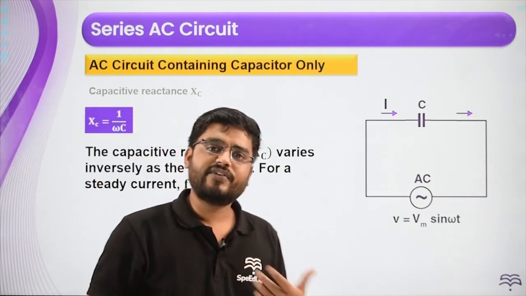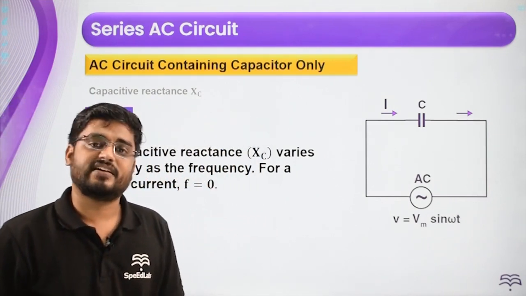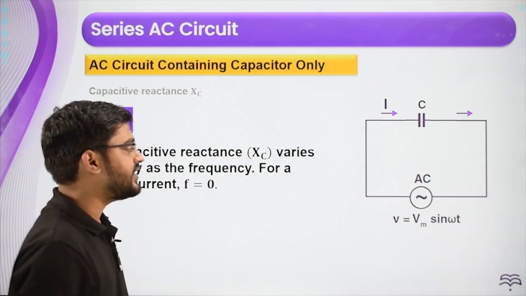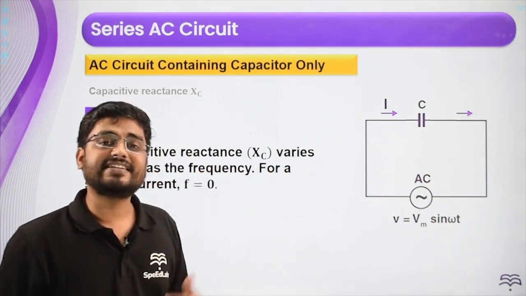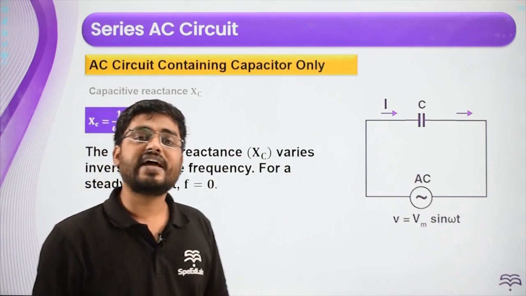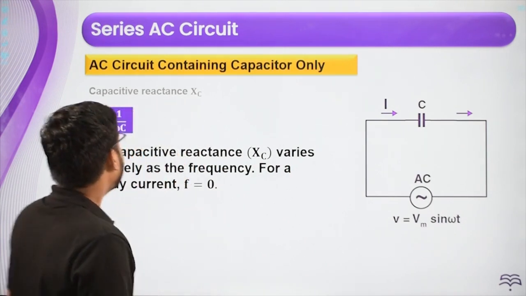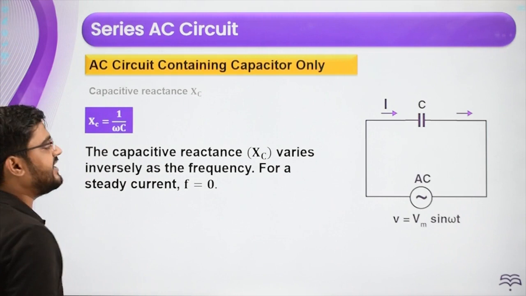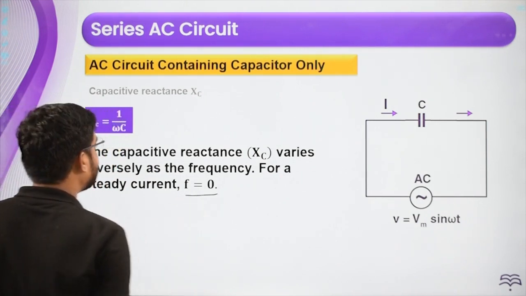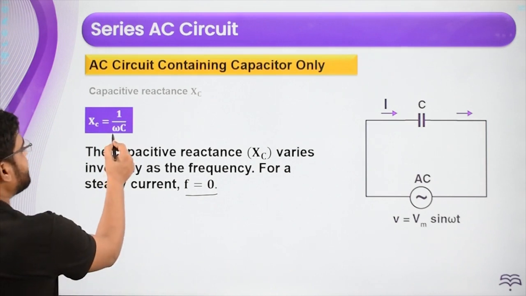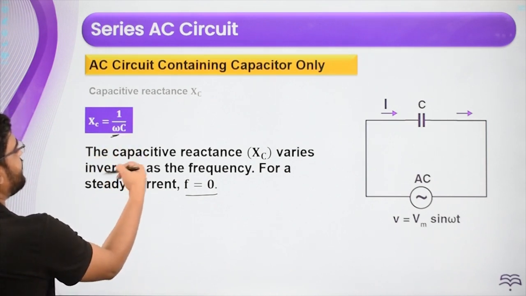Now, what if we are talking about a DC circuit? In a DC circuit, the frequency is 0. And if frequency is 0, then angular frequency is also 0. So for a DC circuit, Xc, the capacitive reactance, comes to be infinity, since frequency is 0 and omega is 0.